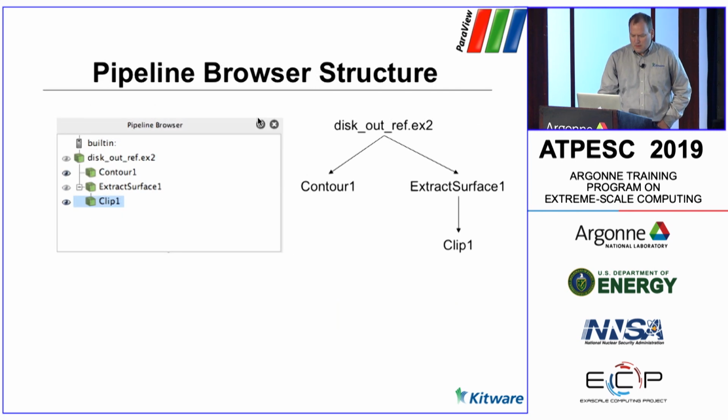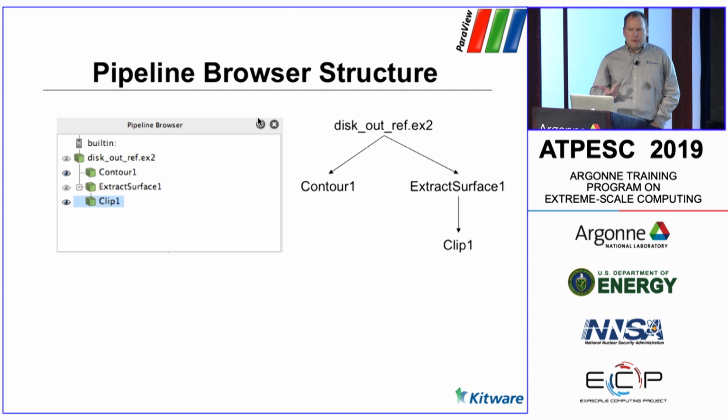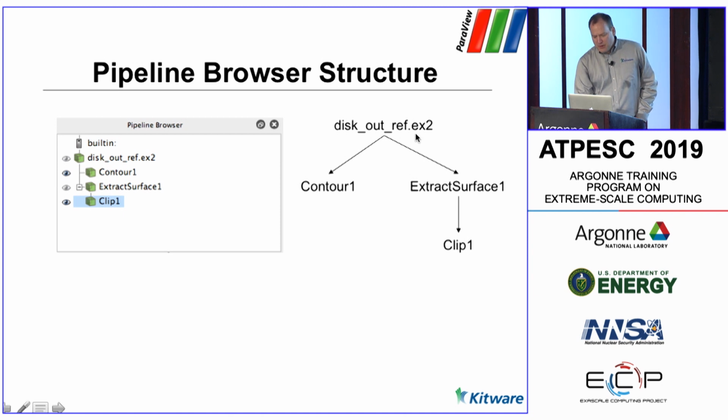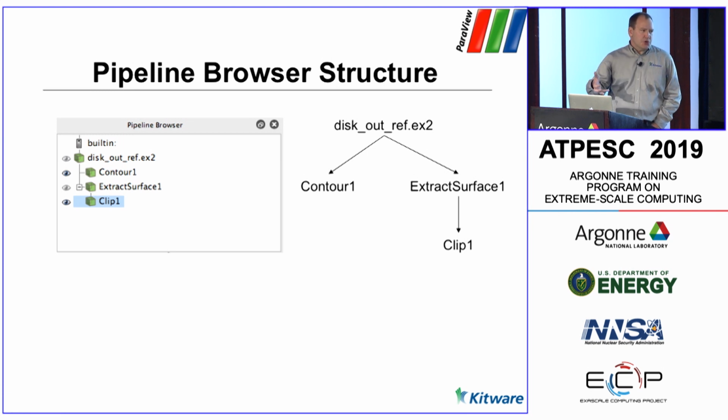Okay. And then what we've now done is we've created a branching pipeline. We have the data being read in from disk. At the same time, we're extracting an ISO contour, and we're applying other operations on this.